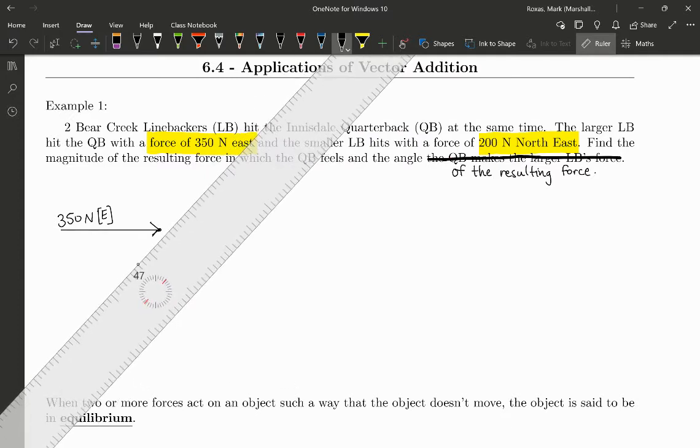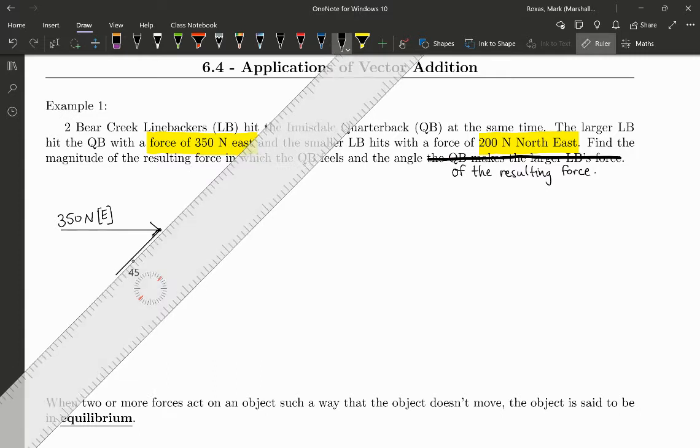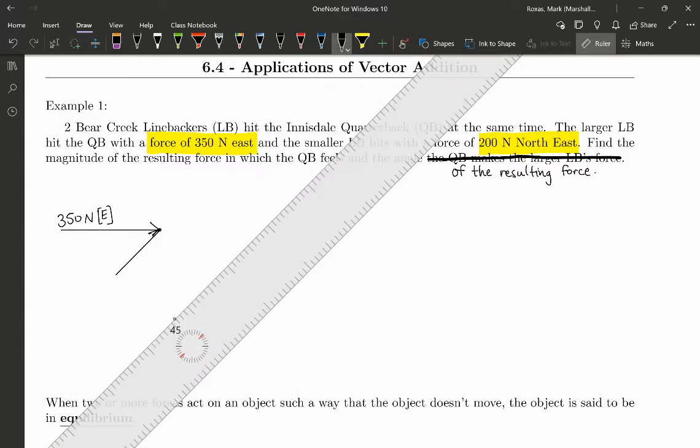Then I have another force acting 200 newtons northeast. So I'm going to find a little 45-degree angle there and show another force coming this way. It's not as big as the 350 newtons, so my arrow is not going to be as big, but there it is, and this is northeast. How do I know that's northeast? Think about north, south, east, west.